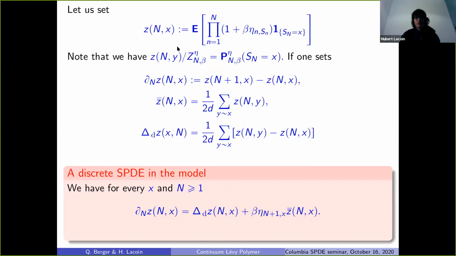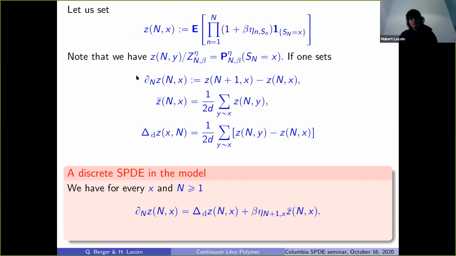The partition function, you may recall, was the renormalizing factor I introduced in a previous slide, the expectation of this product of weights for the simple random walk. We define the point-to-point partition function to be this partition function, but restricted to trajectories that end up at a specific point after n steps.